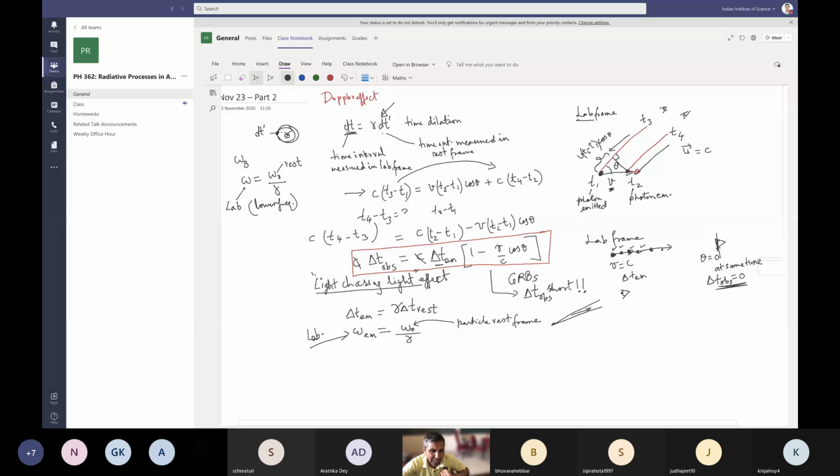So delta t observed is nothing but omega.